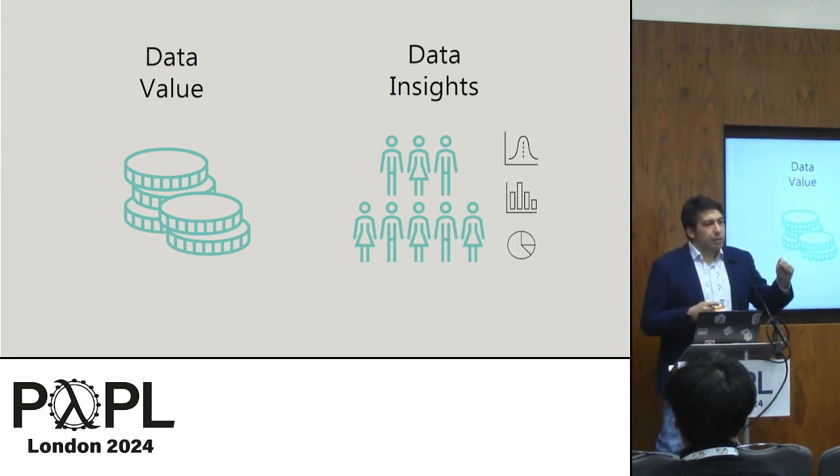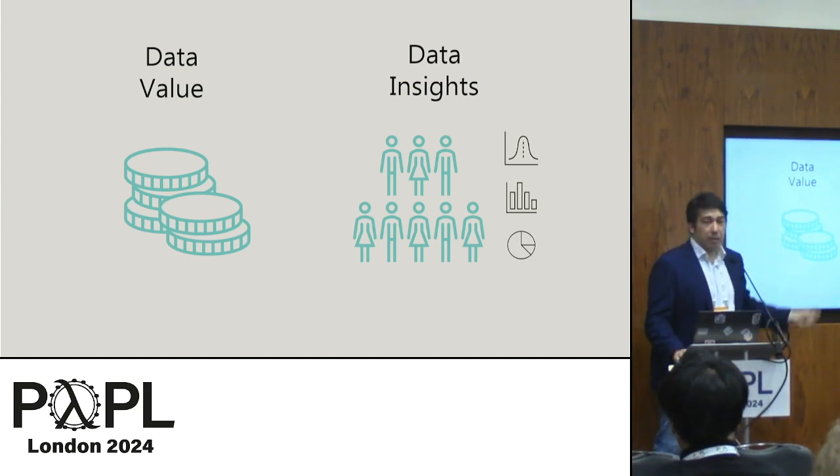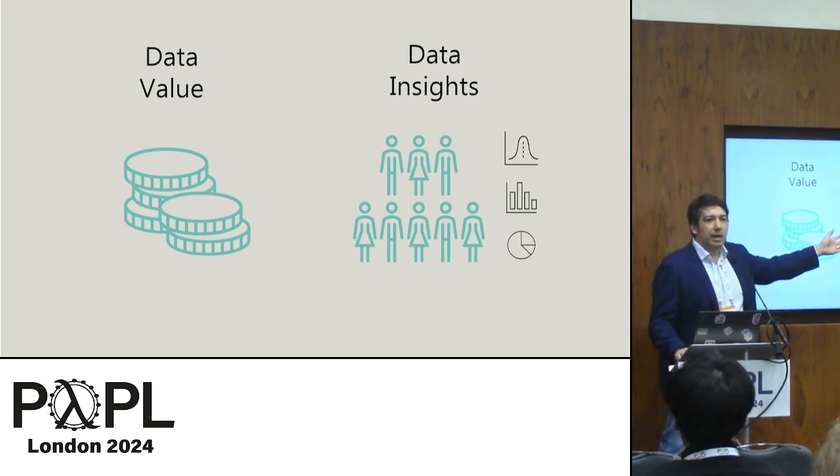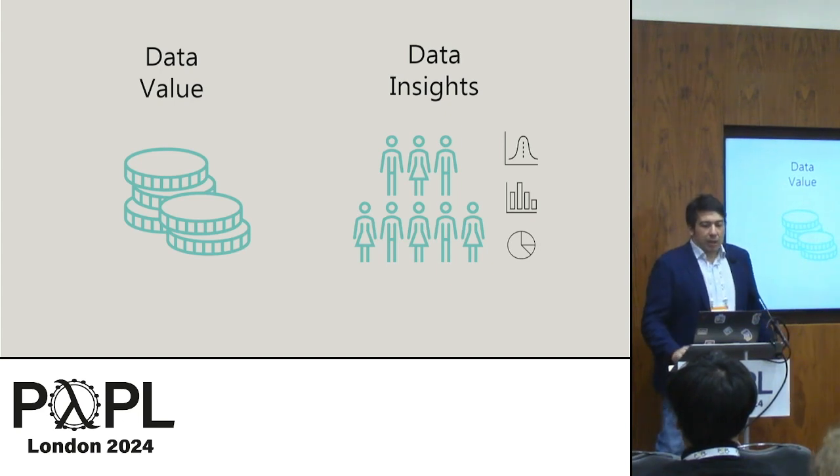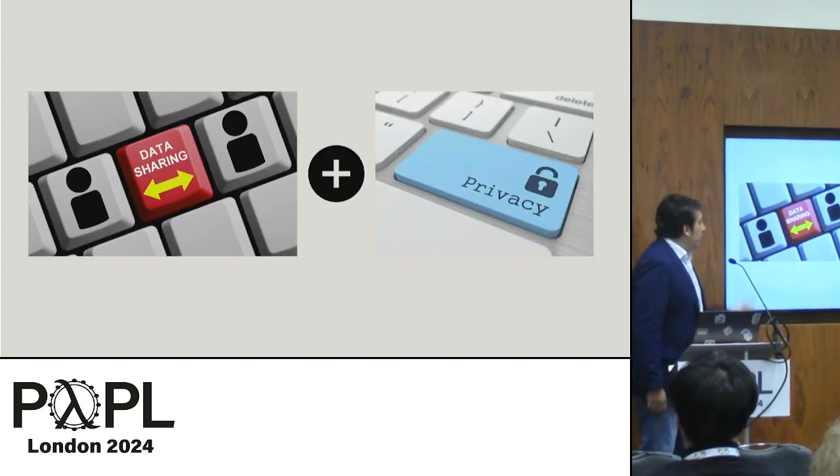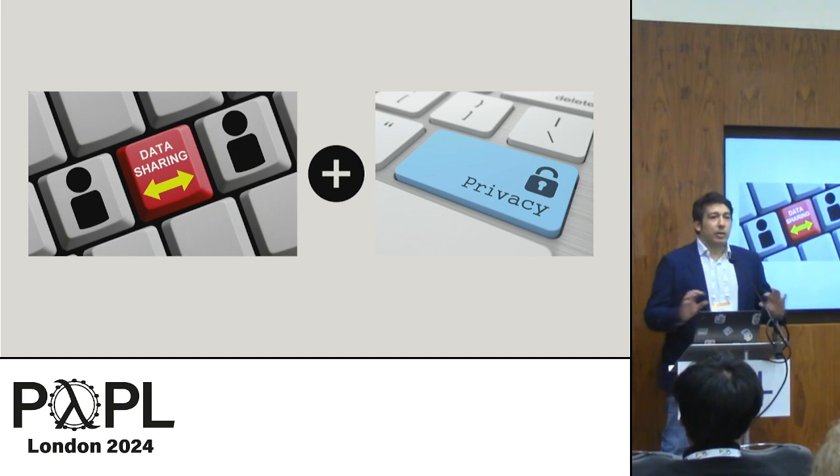The main challenge is how we do that so that, by sharing the data and someone observing it, we do not reveal who is in the data set. It could be people sick with a certain disease. You share analytics, and you don't want people to guess who is sick by looking at the analytics. So this is the main problem we have today: data sharing and privacy. How do we share insights about data sets while preserving privacy?